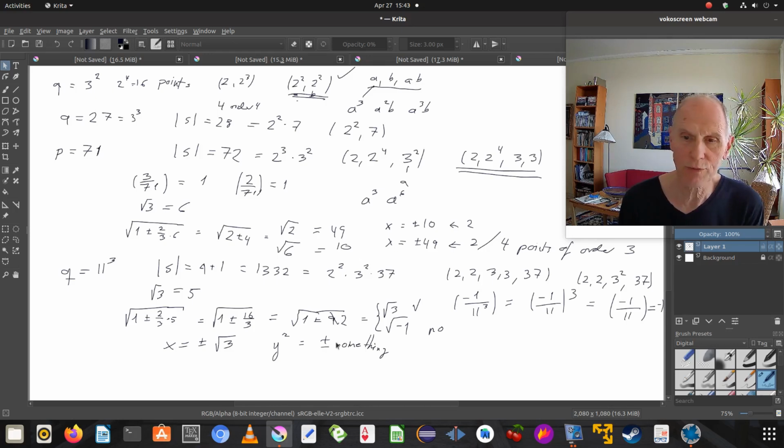That means that one of them is a square, either the plus or the minus. So that means we get 2 points of order 3. Therefore, this is the right answer. Oopsie, 3 squared. I believe that was that.